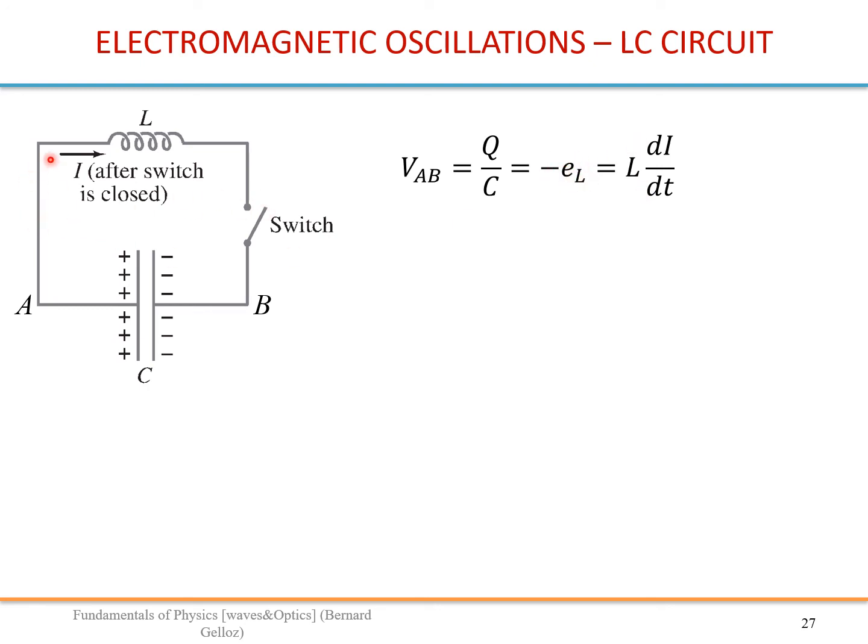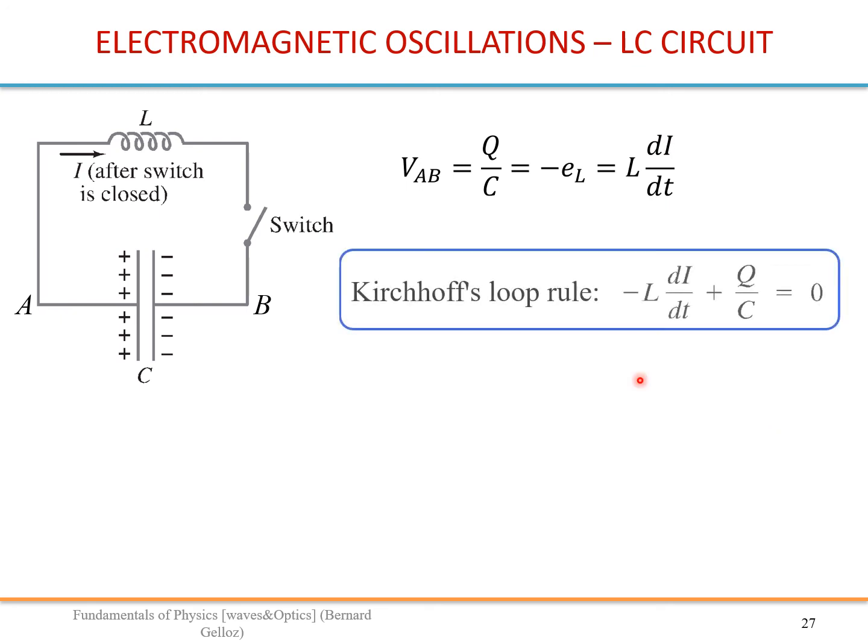If we choose it like this with a current going in this way, we have L di dt. This is the same as just using Kirchhoff's loop rule, which gives you this equation.